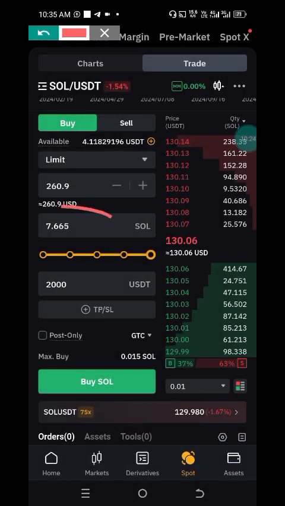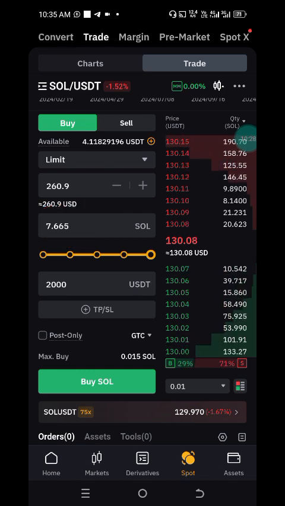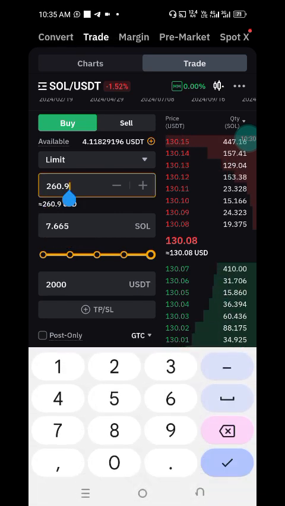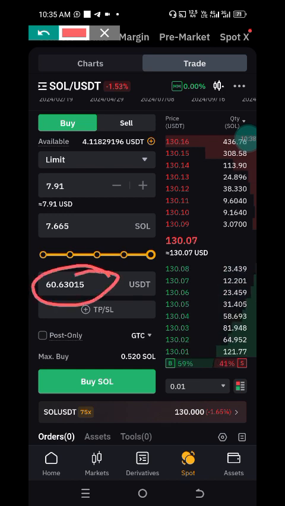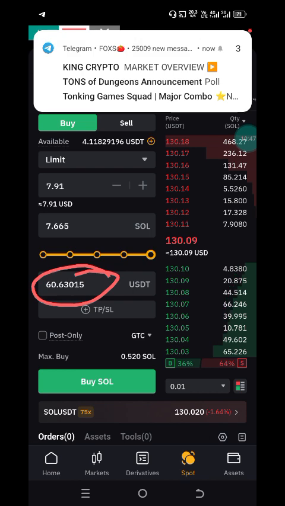They have 7.6 Solana, and the Solana price falls to 7.91, and their 2,000 US dollars becomes 60.6 US dollars. This is very, very funny, but let me give a strategy.